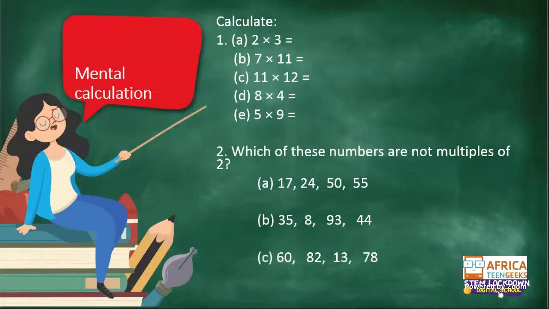Here we have mental calculation. Quickly, let's answer this mental calculation. The first one says calculate 2 multiplied by 3. The second one is 7 multiplied by 11. Thank you, 6. The second one, 77. Then C, we have 11 multiplied by 12. Mental calculations, guys.